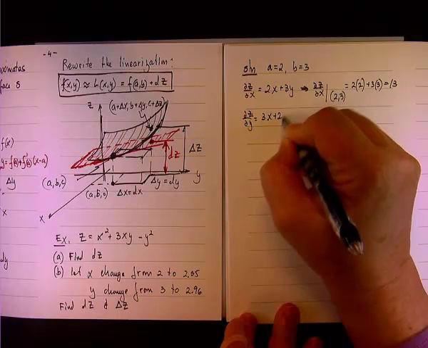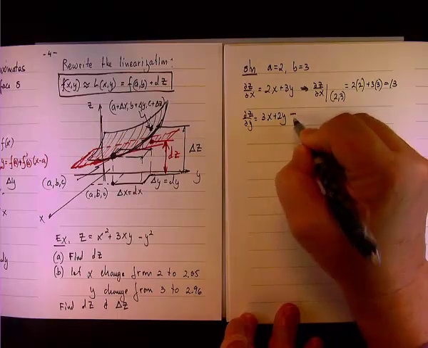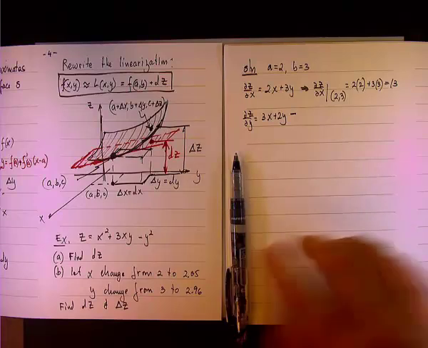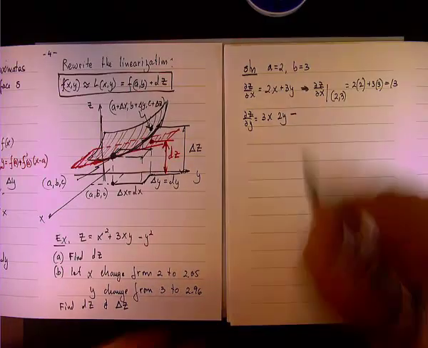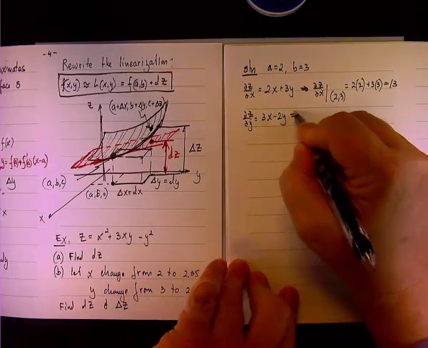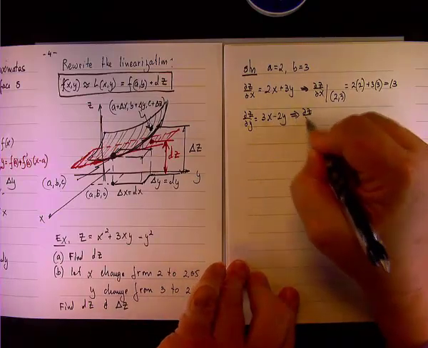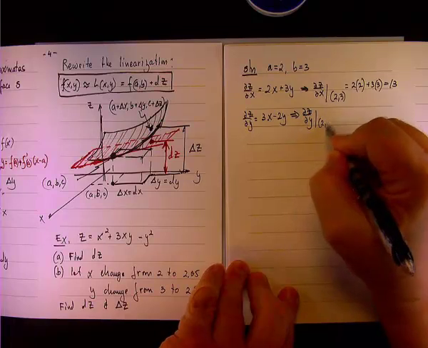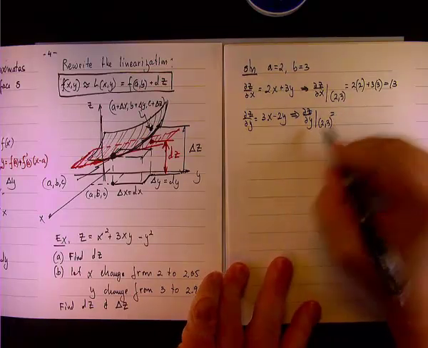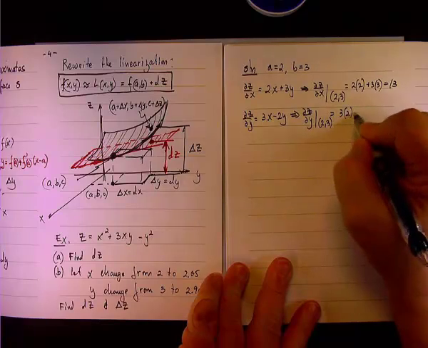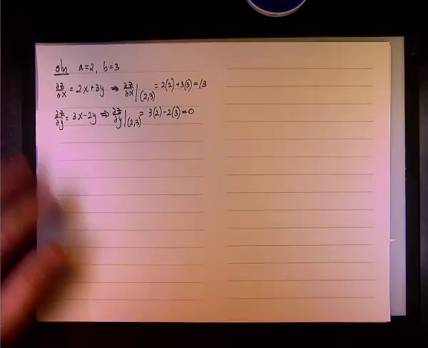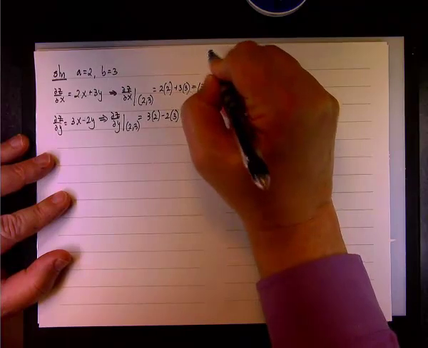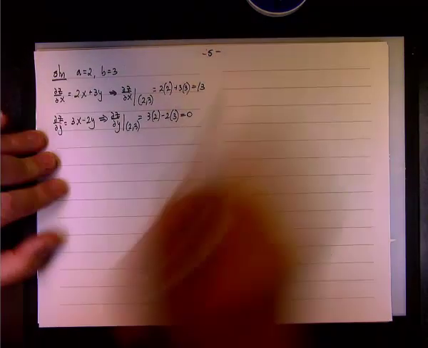Del z del y equals, the derivative of x squared is 0, so we'll have 3x minus 2y. It's a negative y squared. So del z del y at (2, 3) equals 3 times 2 minus 2 times 3, and lo and behold, it's 0.